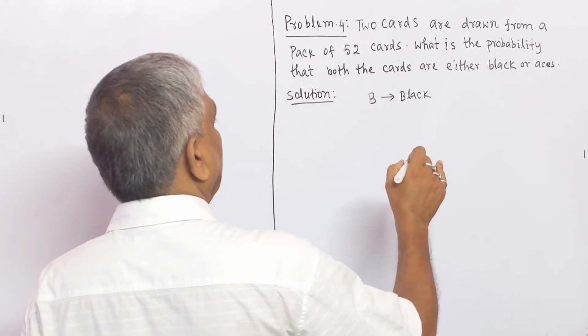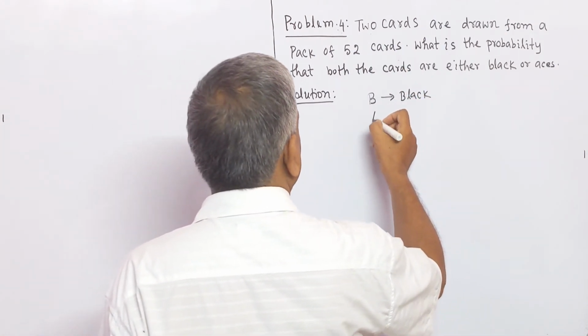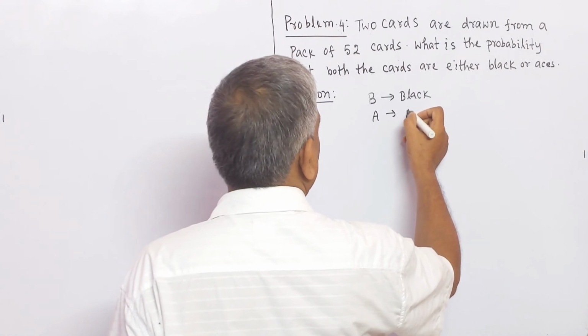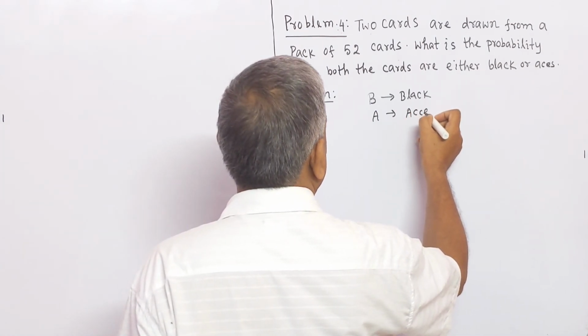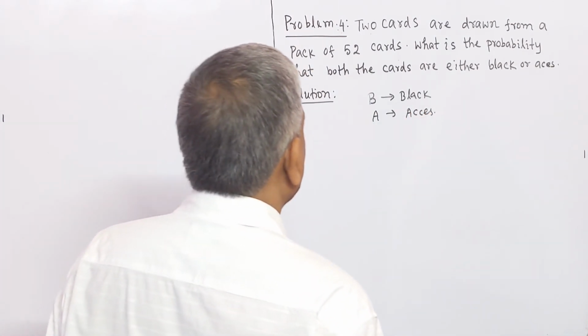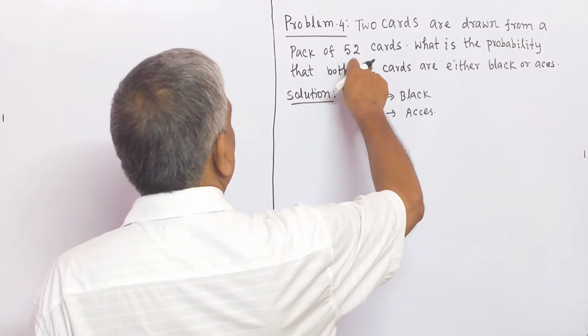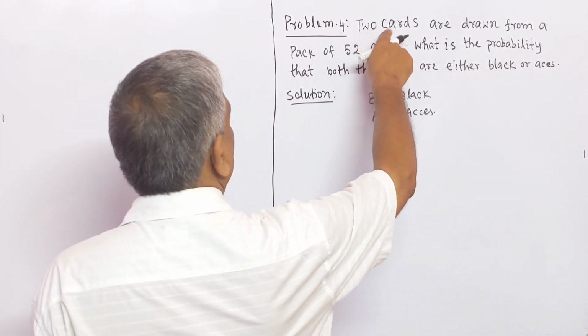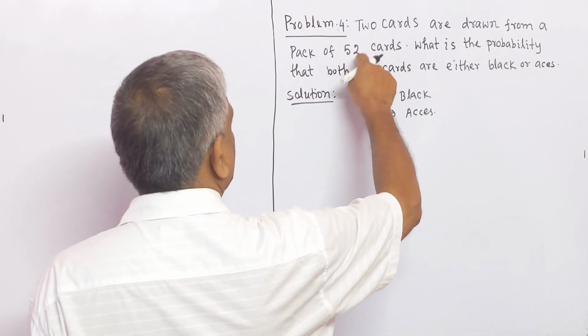Event to draw aces be A. We have to draw two cards out of 52 cards.